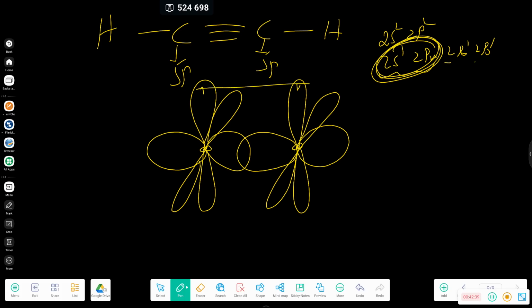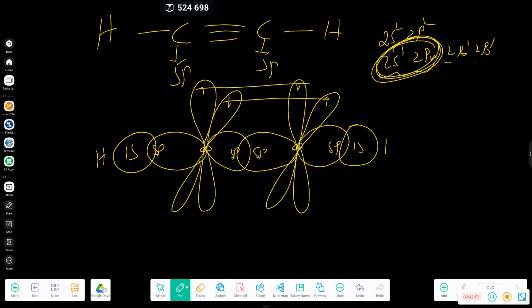Here one electron, bond formation. Here one electron, bond formation. Up and down, don't confuse. Pi bonds. But here, this is sp, this is sp. This is sp, this is sp. With this, one hydrogen is there. So you have to understand that one.